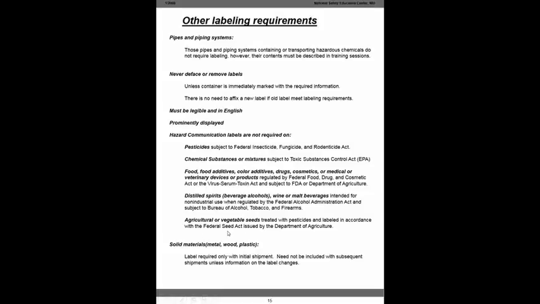And then agricultural seeds, agricultural items, even if they're treated with pesticides, have to be labeled according to the Federal Seed Act, not according to OSHA. And then metal, woods, and plastics, it says label with the initial shipment, not after that.